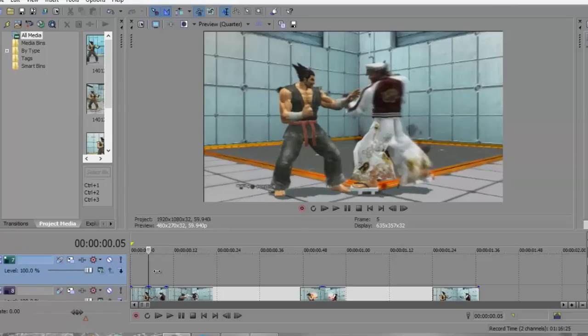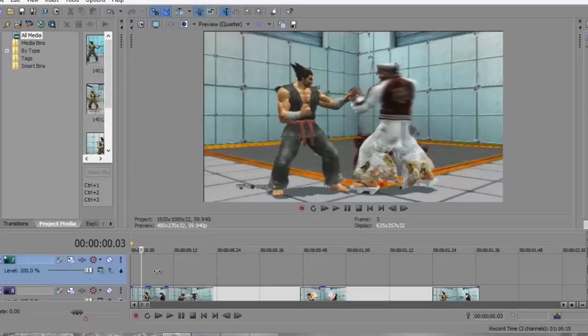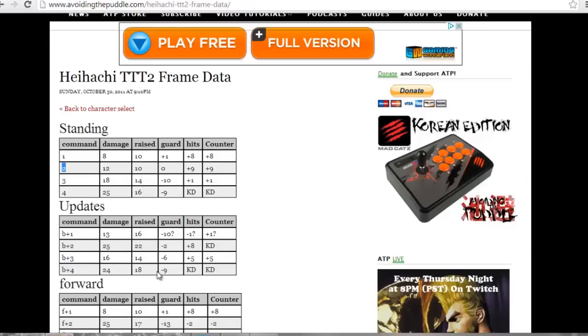Okay guys, one last example for frames. Any command that gives you 0 extra frames on block, the 2 gives you 0 frames on block, which means that you and your opponent are recovering at the same time.